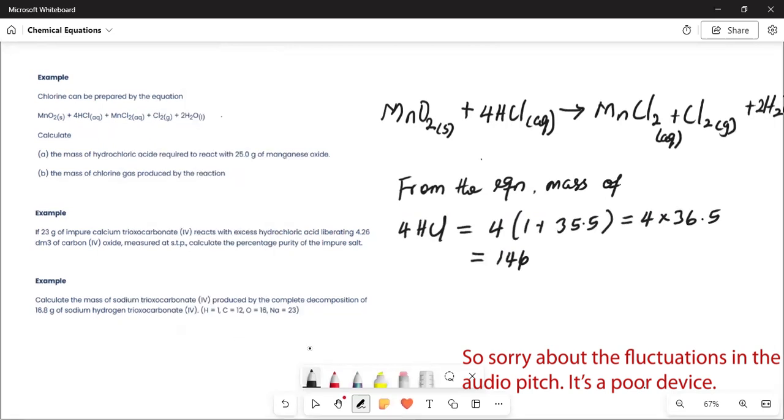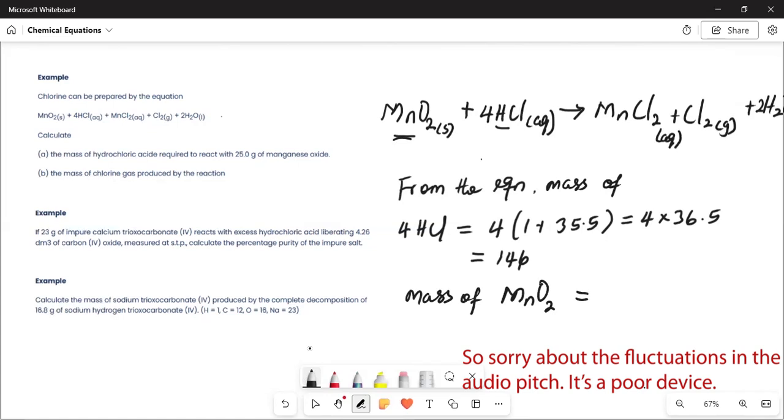Now, the question says we have to calculate the mass of hydrochloric acid required to react with 25 grams of manganese oxide. We also need to get the mass of manganese oxide from here. So the question borders on this and this. So mass of manganese oxide is equal to manganese. What's the atomic mass of manganese? It's not given. It's like I did not complete that question.